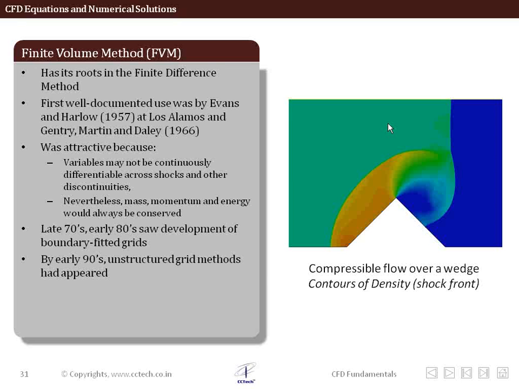Earlier, this was also a structured grid approach which was applied, and it was around the later part of the 20th century that finite volume method started getting more attractive for people, especially because, unlike the finite difference method, the finite volume method uses the integral form of the conservation equations, which is derived from the first principles, and therefore it was possible to capture some very interesting phenomena like shock waves. Shock waves could not be captured in finite difference method because it uses the differential form of governing equations.